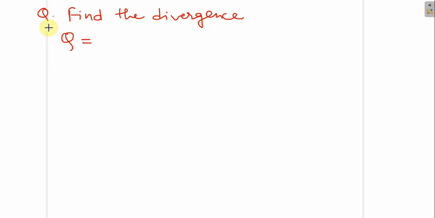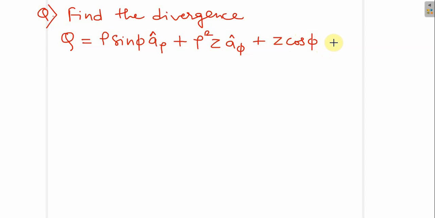So I'm giving this question: find the divergence of the following vector field, represented by Q, where Q equals rho sine phi a rho plus rho square z a phi plus z cos phi a z.